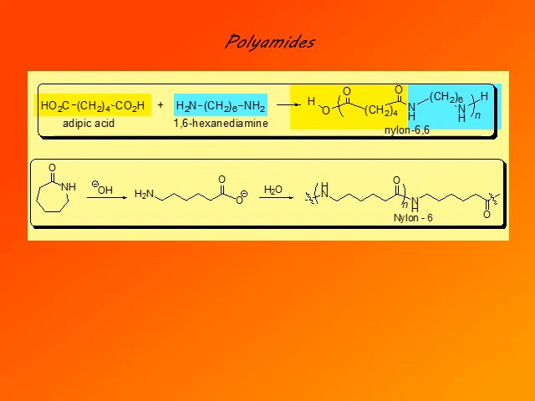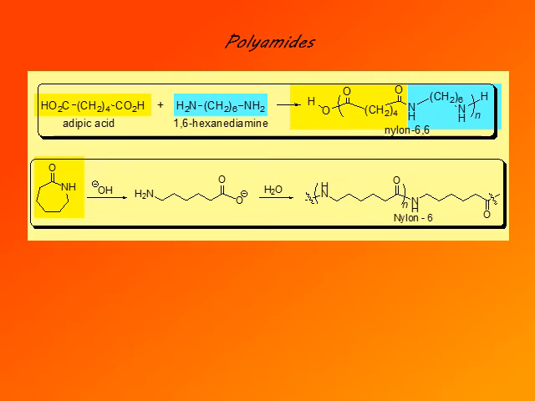Another type of nylon that we can prepare is prepared from amino acid, because amino acid is bifunctional and, of course, can form a polymer. Such amino acids are usually prepared by ring opening of corresponding lactam. So we use lactam as starting material.